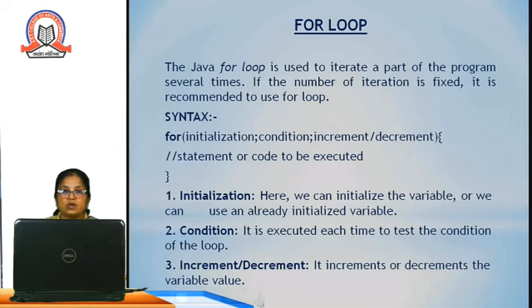It depends on our logic. Initialization: here we can initialize the variable or we can use an already initialized variable. Condition: it is executed each time to test the condition of the loop. Increment and decrement: it increments or decrements the variable value.